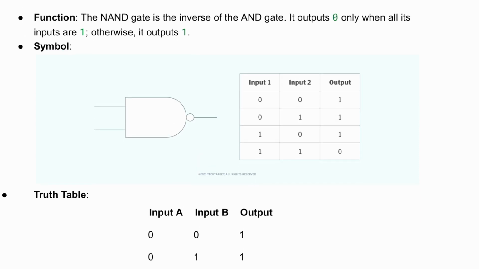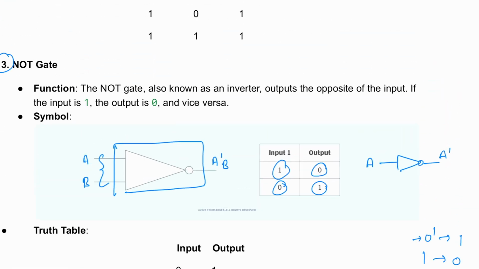So the NAND gate is the inverse of the AND gate, and its output is 0 only when all its inputs are 1. So if this is 1 and this is 1, it will give the output as 0. You can see here. So how is it done? Let's say I passed 1 and 1 through an AND gate.